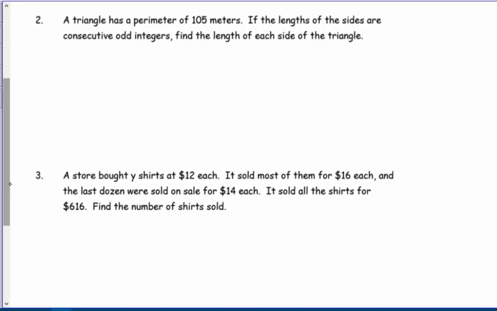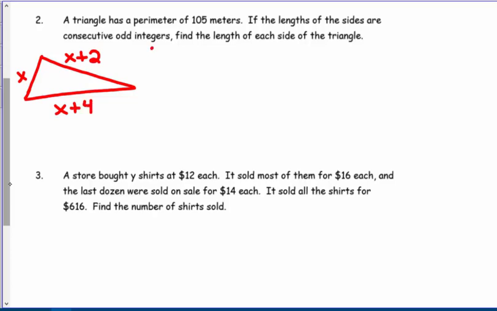So I can either draw a picture or I can do let statements. Maybe I'll do both. The lengths of the sides are consecutive odd integers. So I'm just going to draw one. This could be x, this would be x plus 2, odd numbers are 2 apart, and this would be the longest one, x plus 4.